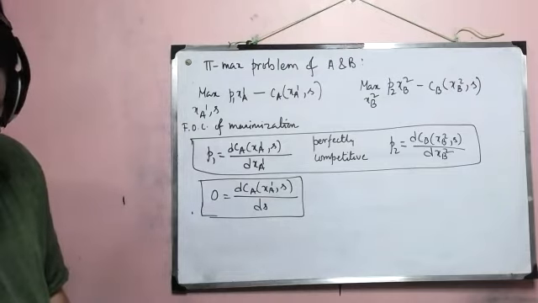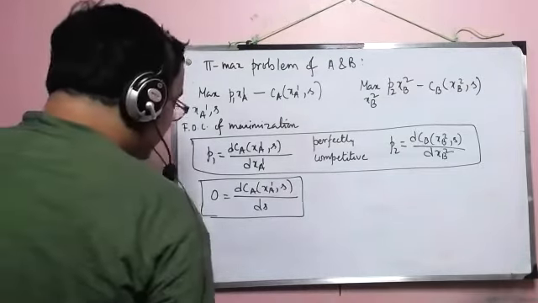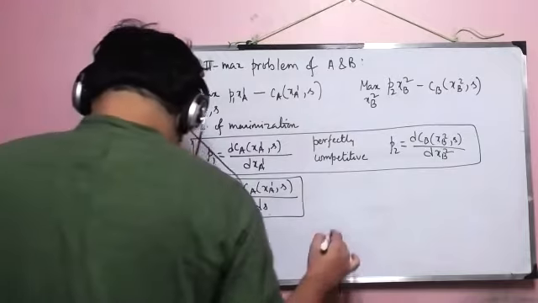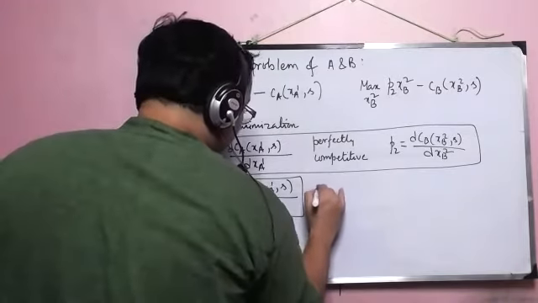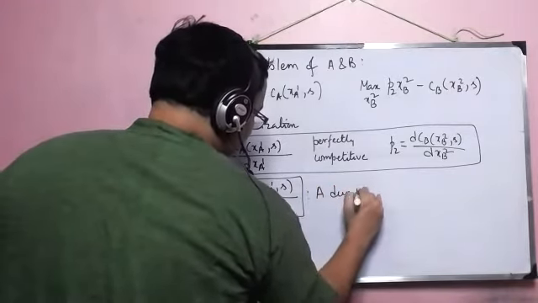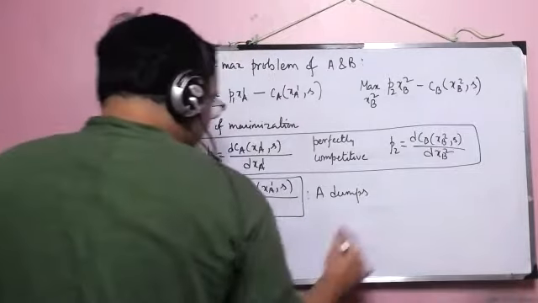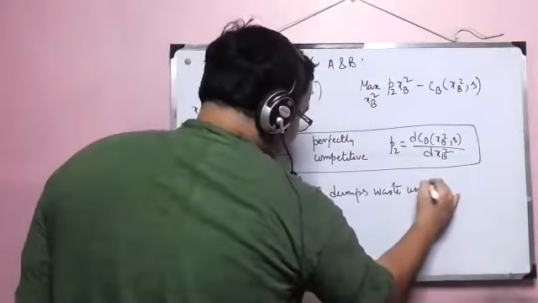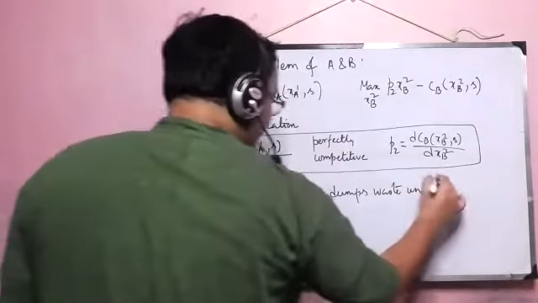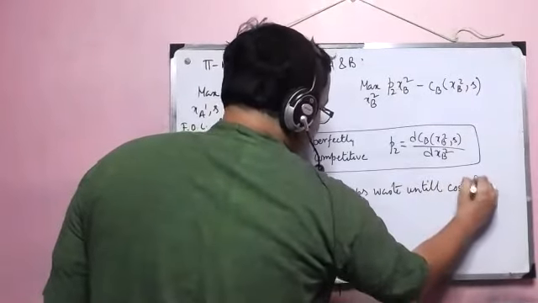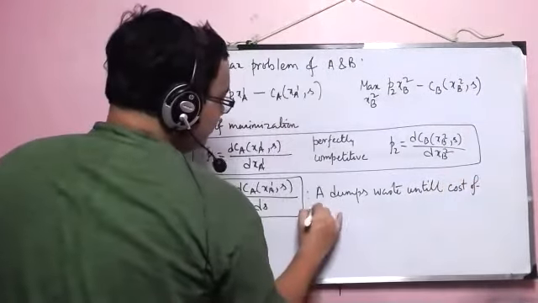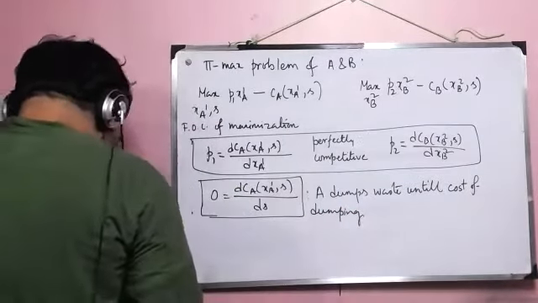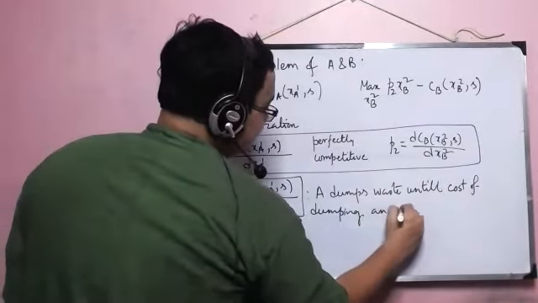This condition basically says that A dumps waste until the cost of dumping an additional unit becomes 0.